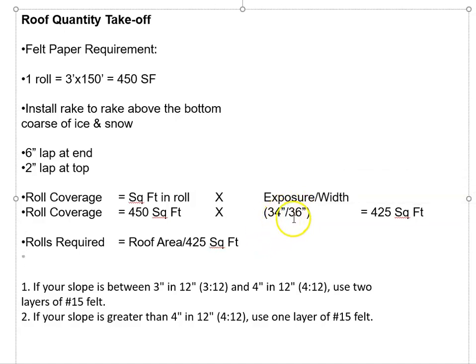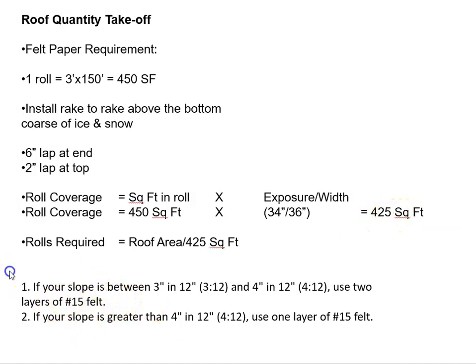So when you divide that, you will get a number that is smaller than 1, and when you multiply it by the 450, it's going to reduce that 450 down to 425. So when you're calculating how much you need, you use this number, which is the exposure, as opposed to the actual. So then how many rolls are required? We get our entire roof area, and we divide it by that 425.